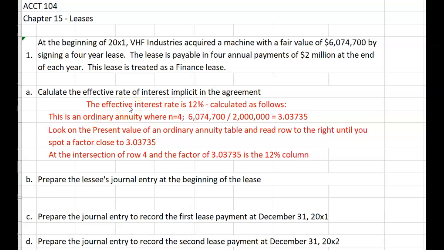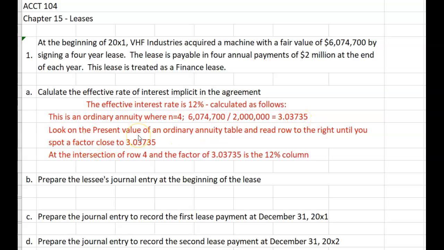Did you come up with an effective interest rate of 12%? If you did, then you already know this calculation. If you did not, here is the calculation. This is an ordinary annuity where n equals 4. $6,074,700 divided by $2 million equals a factor of 3.03735.